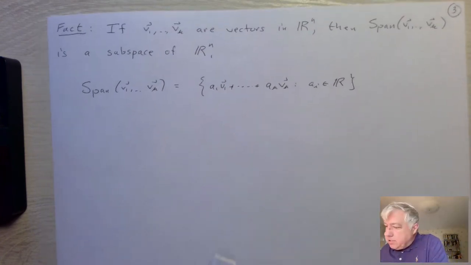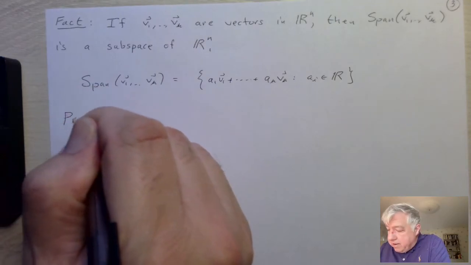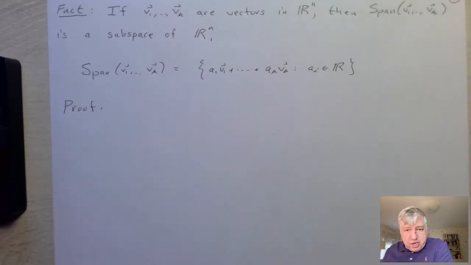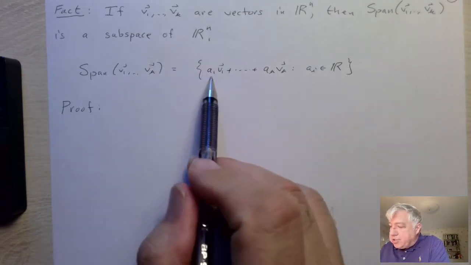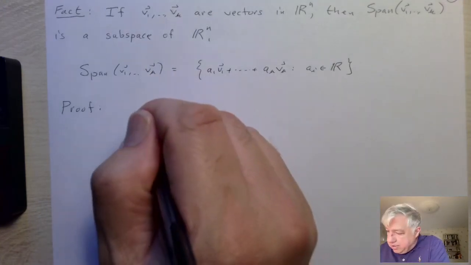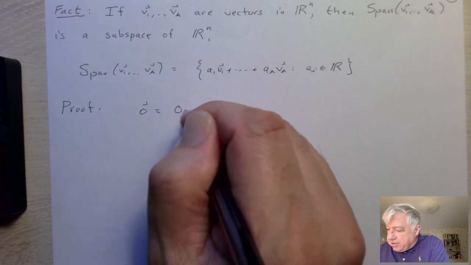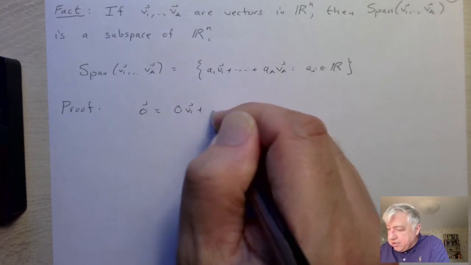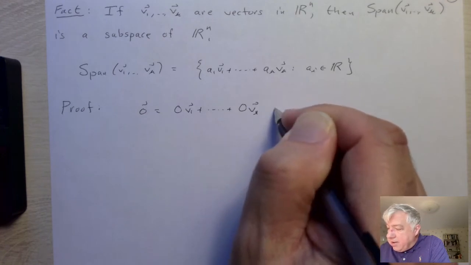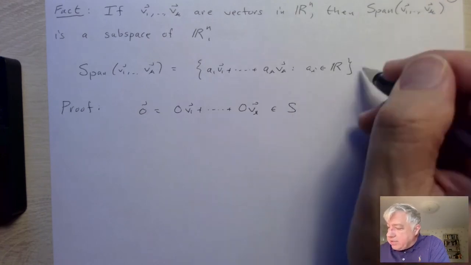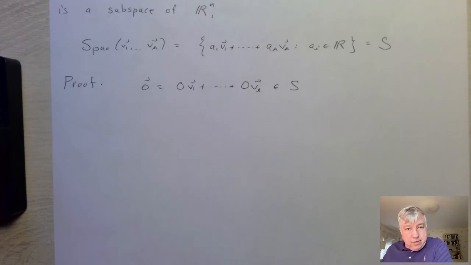So the proof of this, again, 3 things to check. The 0 vector is certainly in here because we can just choose all these a's to be 0. So the 0 vector can be written as 0 times v1 plus 0 times v2 all the way up to 0 times vk, and that will be in S. We'll just call this S again.